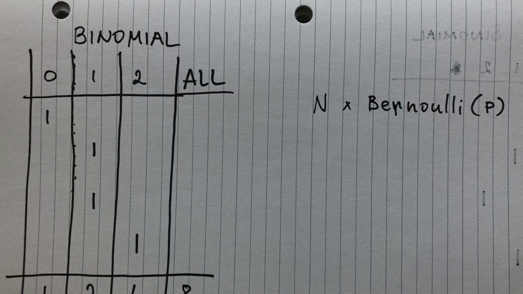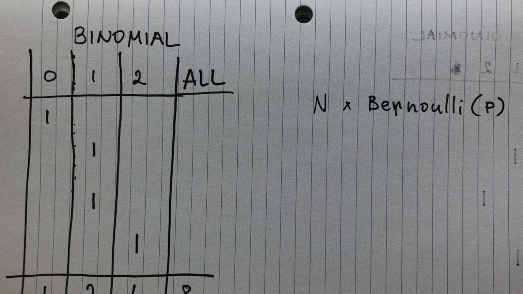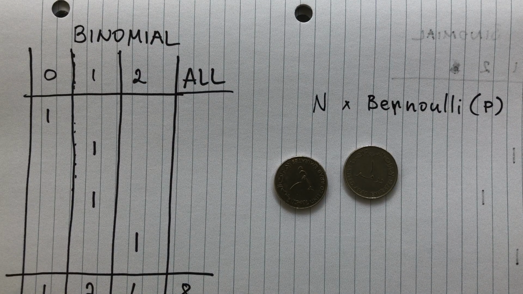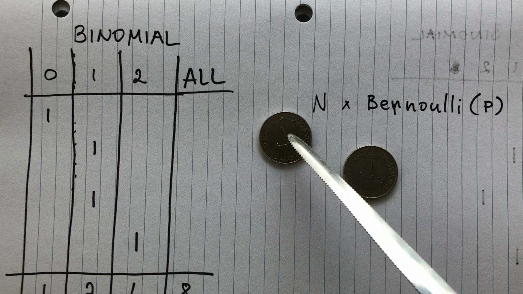It's very easy. So let's say we have two binomial trials. So we have 2 coins, and we toss them at the same time. Oh, I got kind of lucky here.